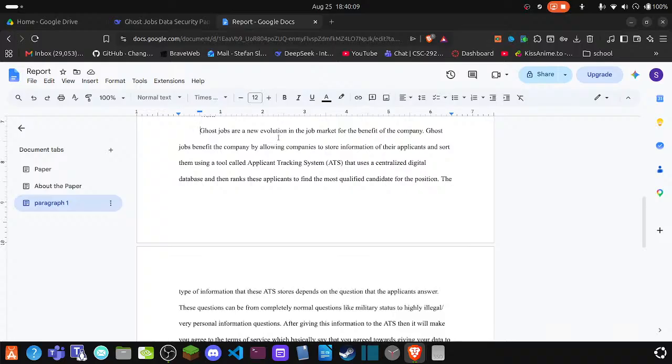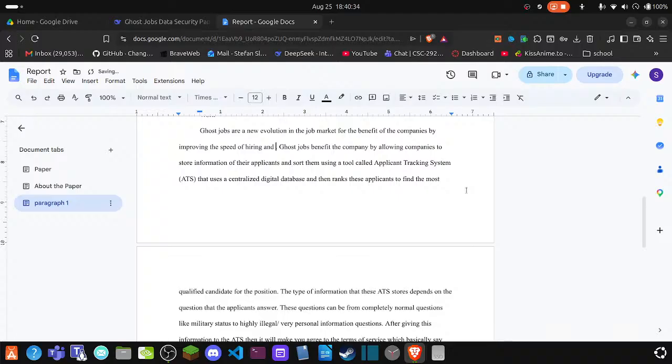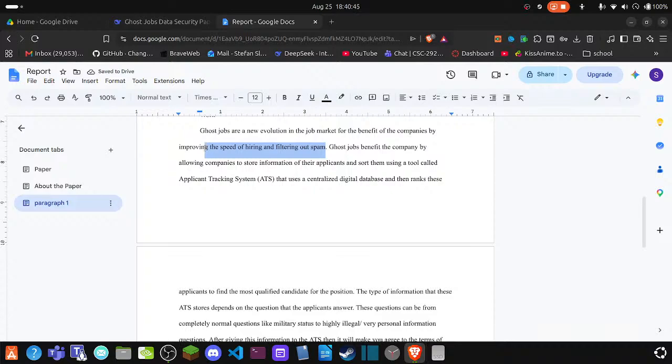Ghost jobs are a new evolution in the job market for the benefit of companies, by improving the speed of hiring and filtering out spam. Oh shit.